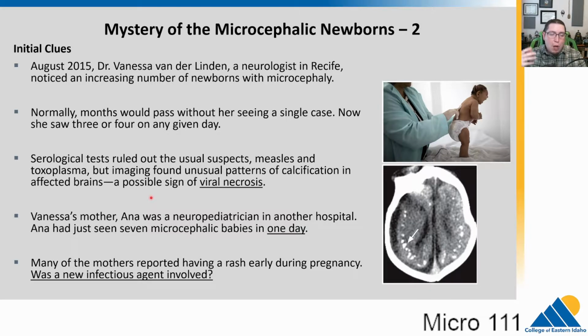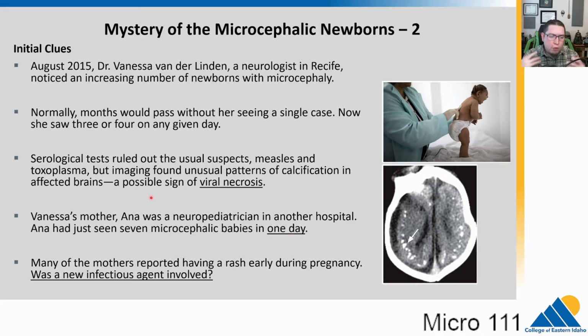Vanessa's mother, Anna, is a neuropediatrician in another hospital, and they talk on this. And Anna says, "Oh, I've also seen many cases of microcephaly. In one day, she saw 7 cases." So now we have 2 separate incidents of this, and we start to get a little more suspicious.